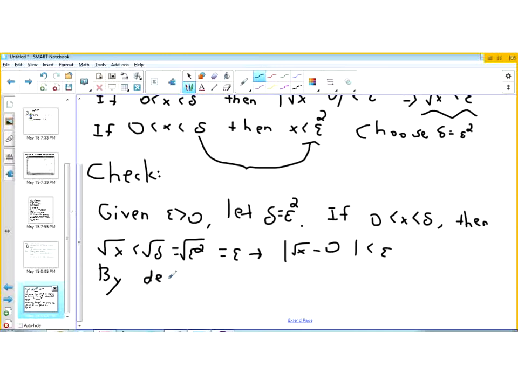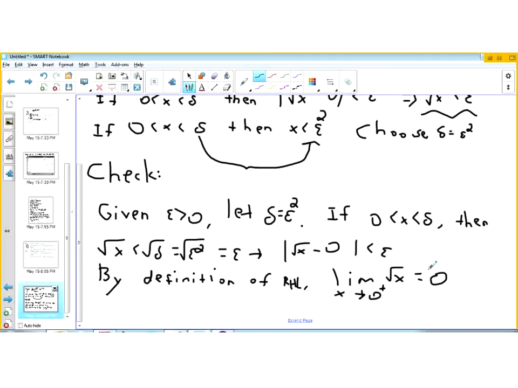So by the definition of the right-hand limit, RHL, the limit as x approaches 0 plus of the square root of x is equal to 0.